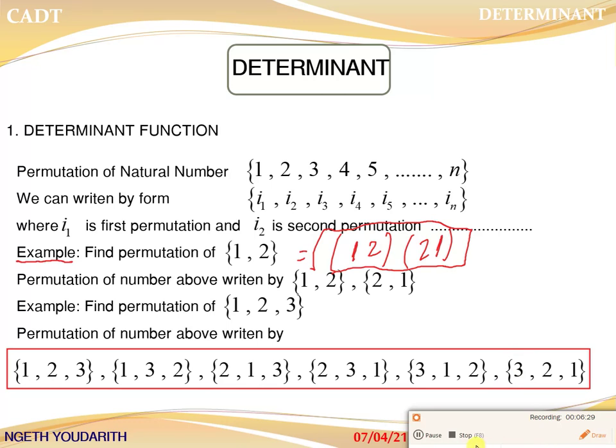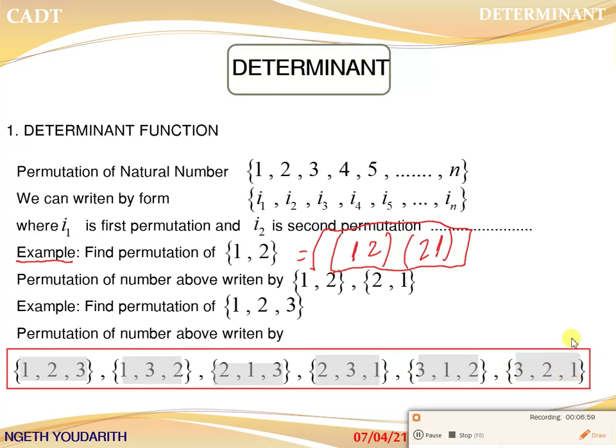This is the permutation. Here also we can call this permutation 2, 1, 3. Or we have 1, 2, 3; 1, 3, 2; 2, 3, 1; 3, 1, 2; and 3, 2, 1.